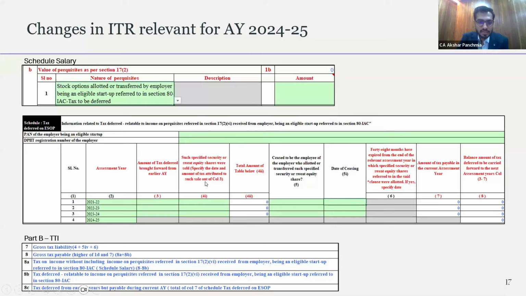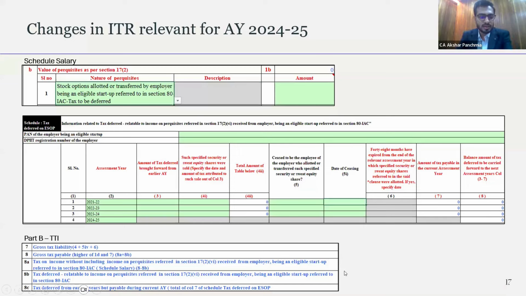So they will ask you over here whether you have sold these shares, or whether you have ceased to be an employee of the company, or whether 48 months have expired since the end of the assessment year in which you exercised these shares. Accordingly, the income tax form will calculate how much tax is to be deferred and how much tax is generated in the current assessment year.